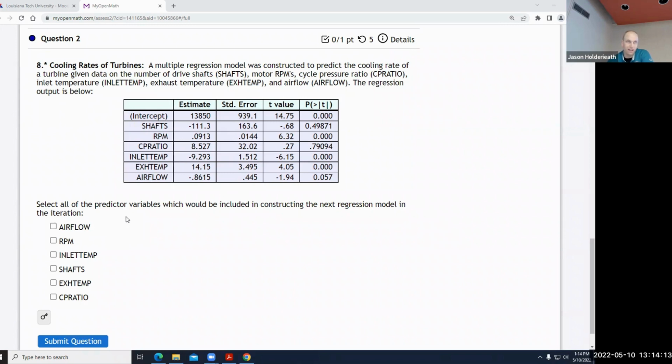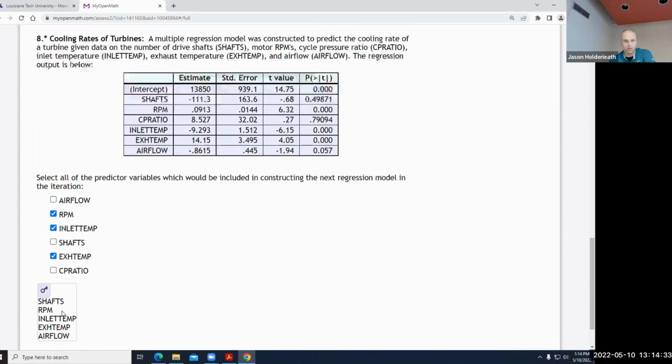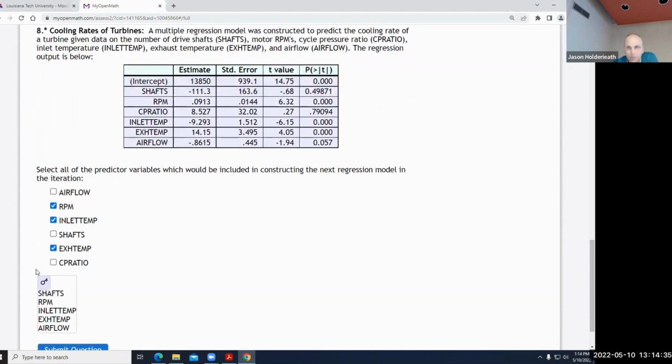They're saying airflow as well: airflow, exhaust temperature, inlet temperature, RPM, and shafts.